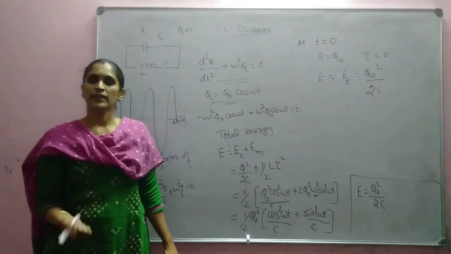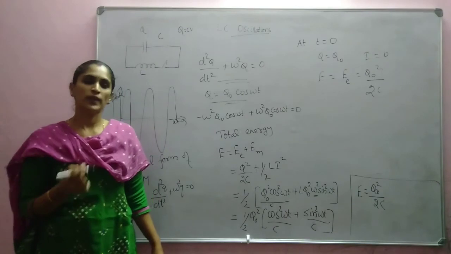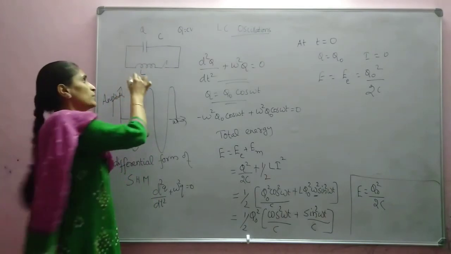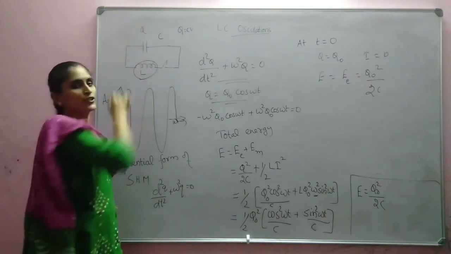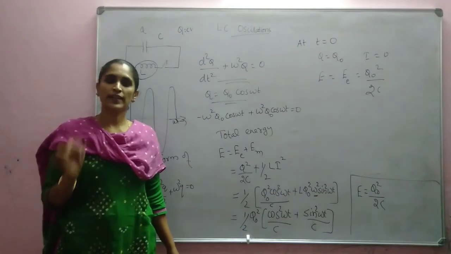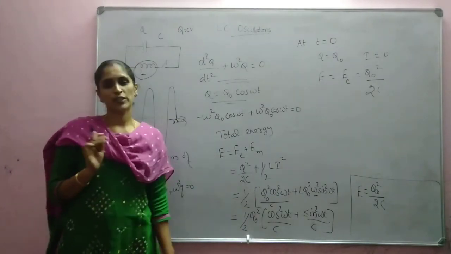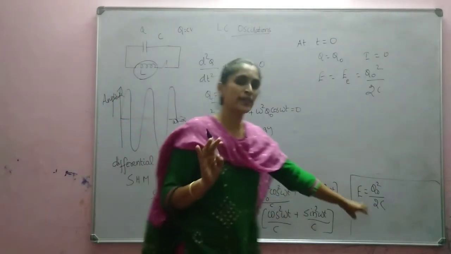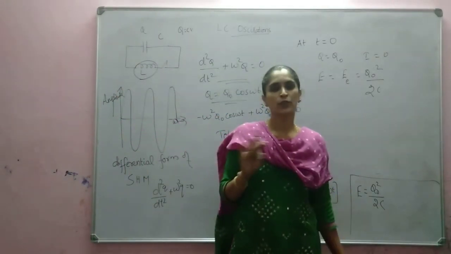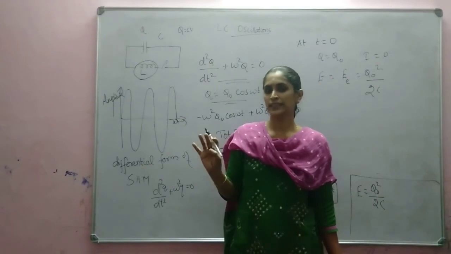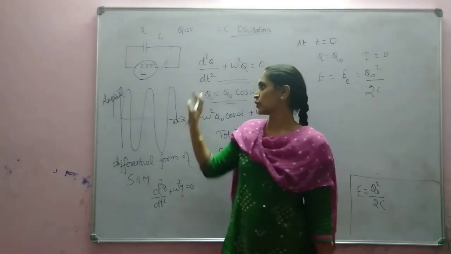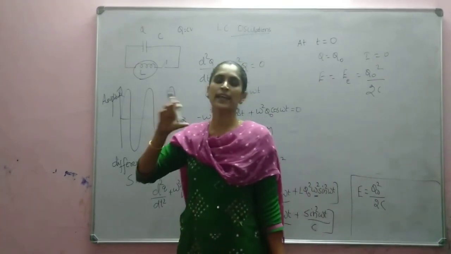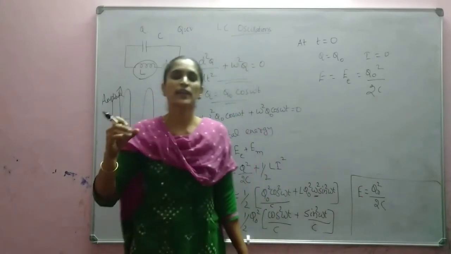When current reaches maximum value, total energy will be stored in the inductor, and energy stored in the capacitor will be 0. But that also will be equal to q0 square by 2C. So total energy will always remain the same, q0 square by 2C. Energy will not be changing. It remains the same, but where that energy appears varies.